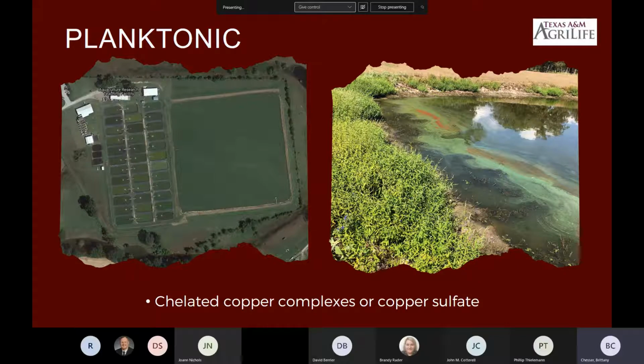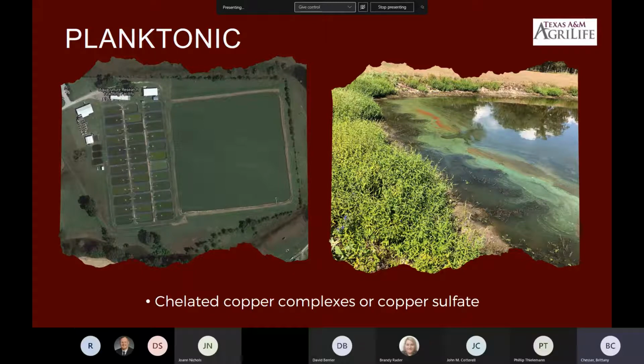And so planktonic algae cannot be easily mechanically or physically controlled unless you're replacing the pond water, and of course, exchange of water from a well or other source that does not have an algae bloom. It will dilute the water, but it's not a practical option for most pond owners, unless you have a really small pond with close wells nearby.